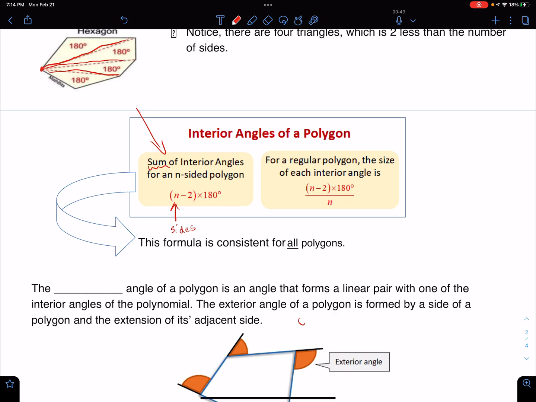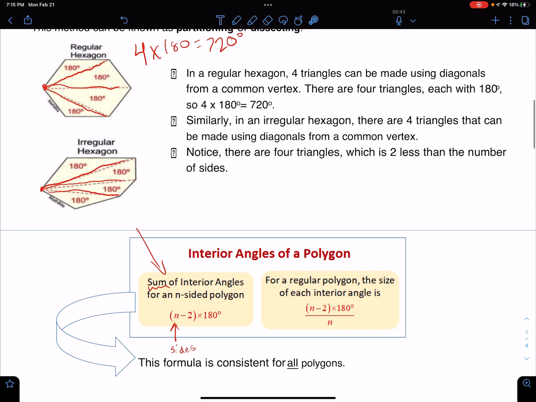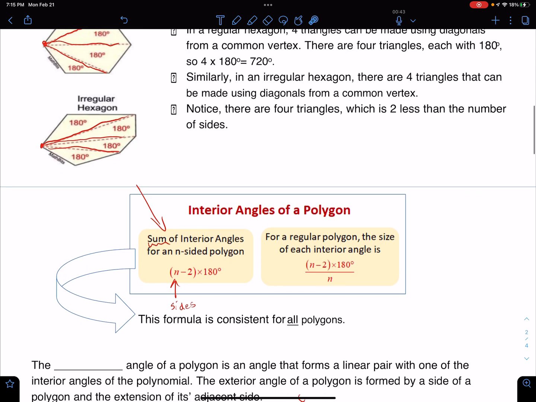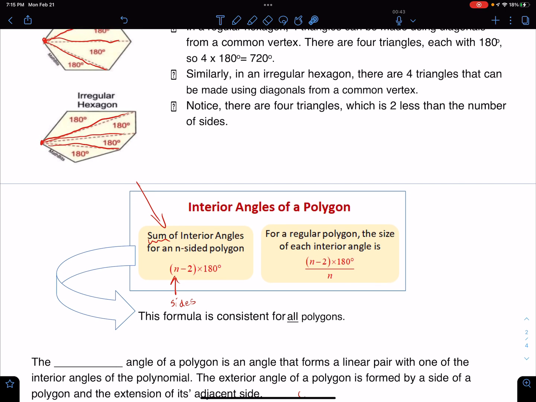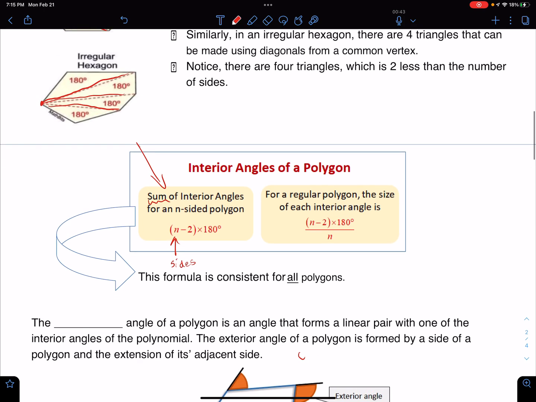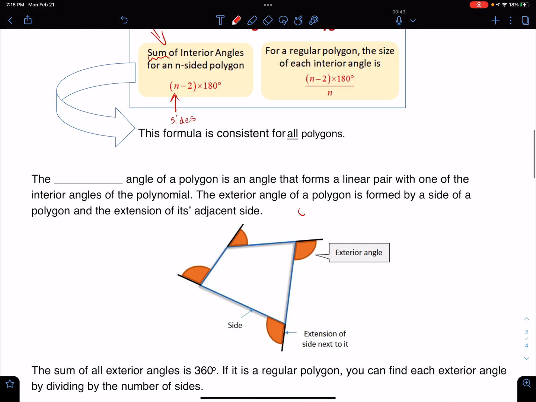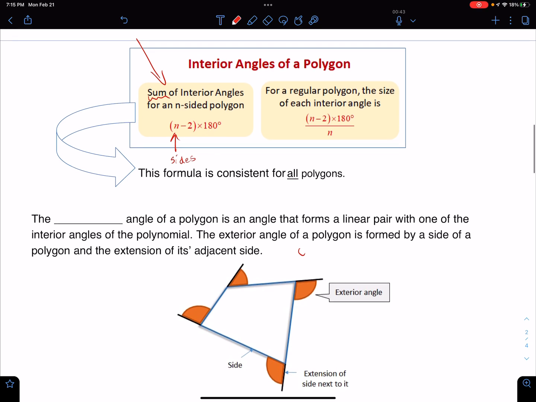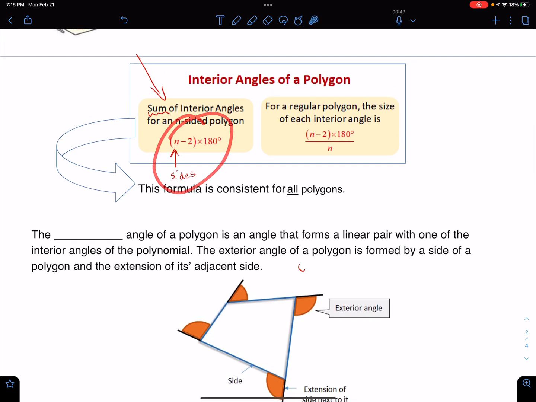If I want one individual angle, I use this formula: n minus 2 times 180 divided by n. That only works for regular polygons. All of our regular polygons have sides that are the same and angles that are the same, so I can use that formula there. This formula is consistent for all polygons. Again, this is for the sum and this is for an individual angle.